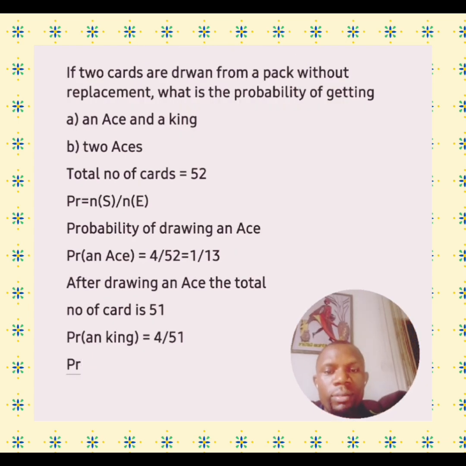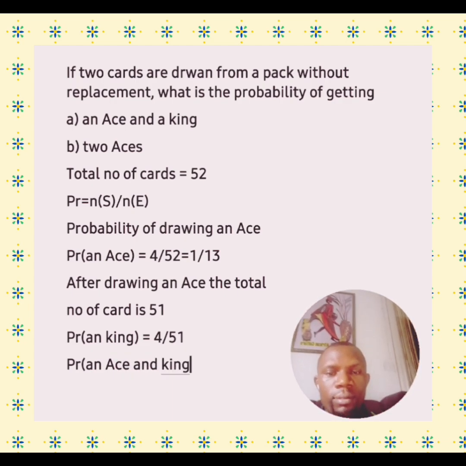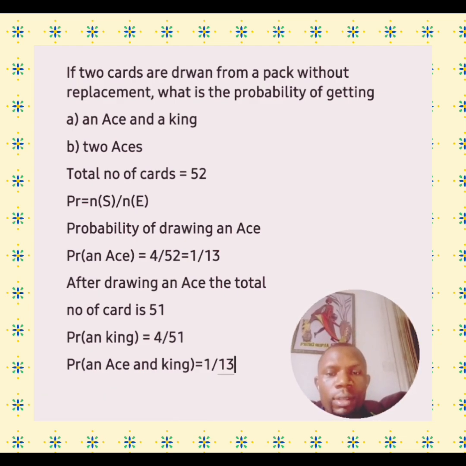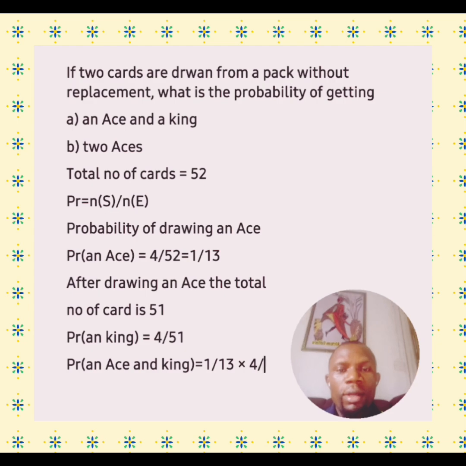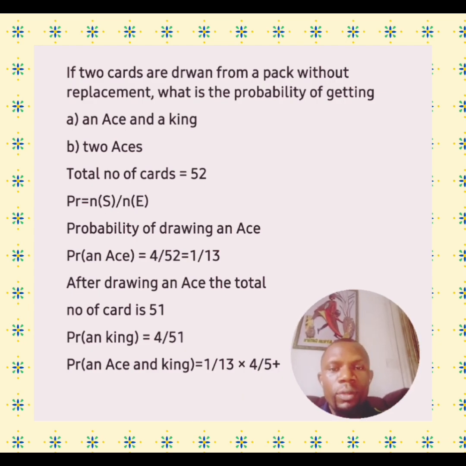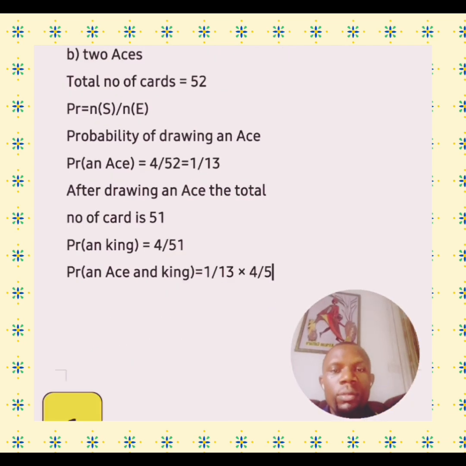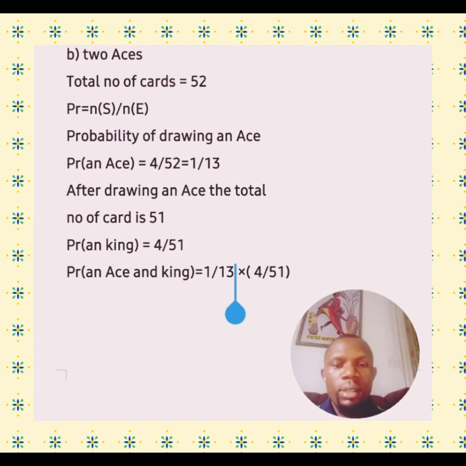The next thing is the probability of drawing an ace and a king. So the probability of an ace and a king is my 1 over 13 times my 4 over 51. Let me put it in brackets.